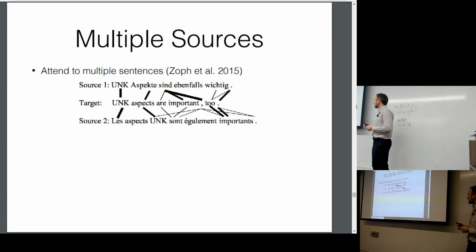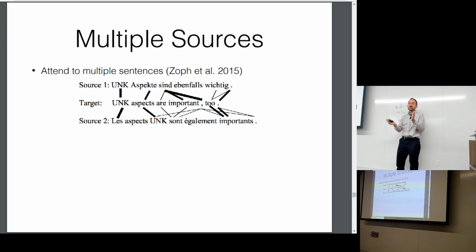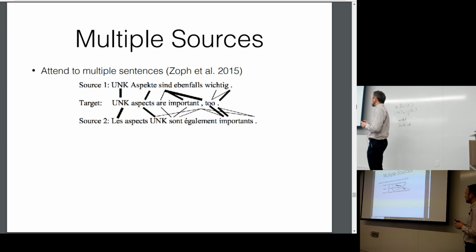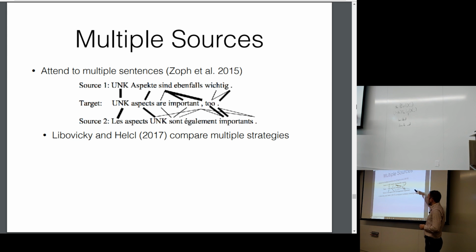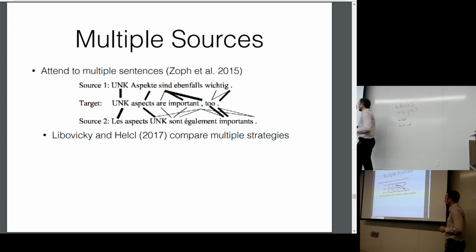Although that's not true, you could come up with an idea where you have two different languages with various features that are similar and useful. In this paper here, they compare multiple strategies for attending to two things.